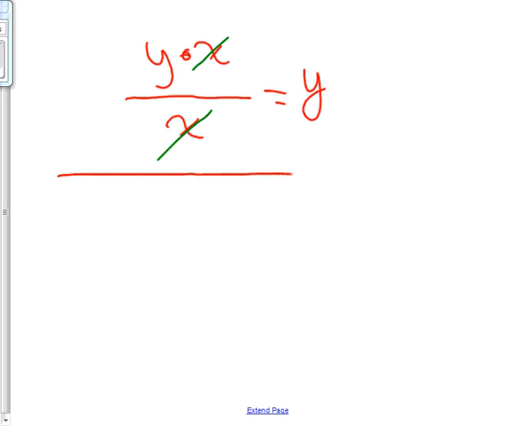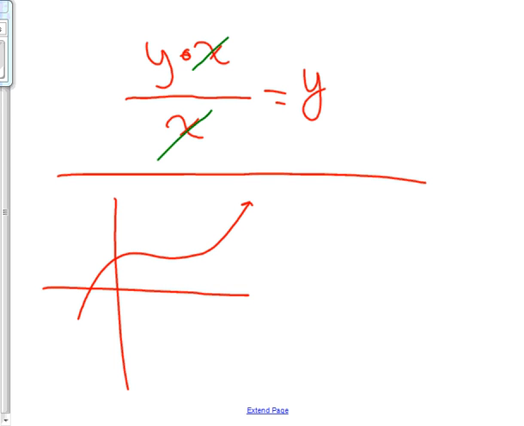Well, the average value really just uses this idea. So let's say that I have some function, and I'm looking at the average value of y over the interval, let's say from 2 to 7.